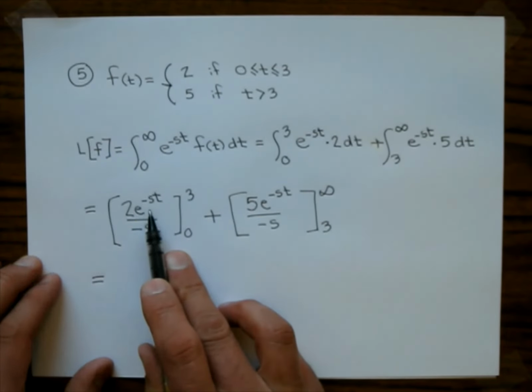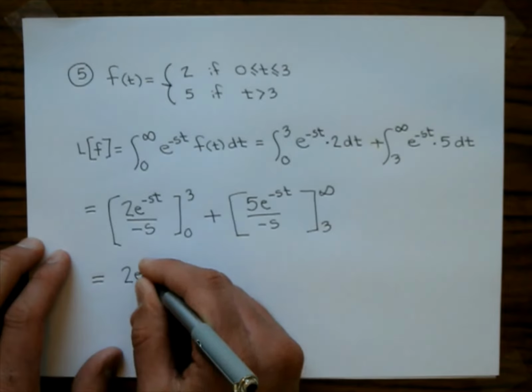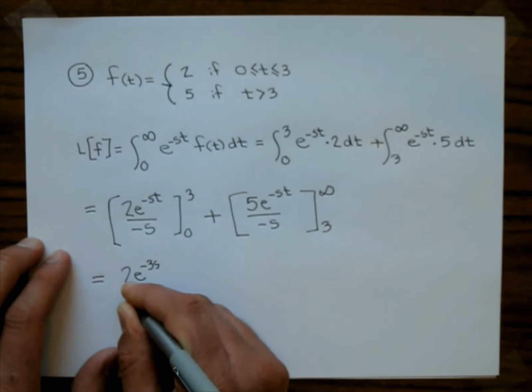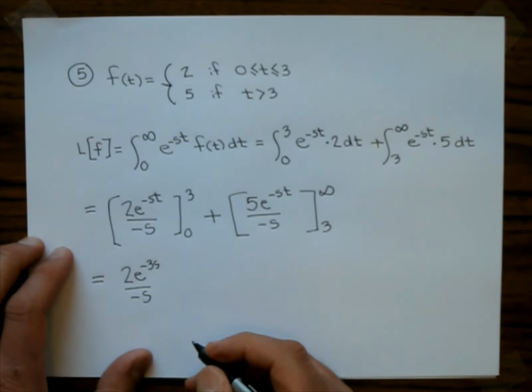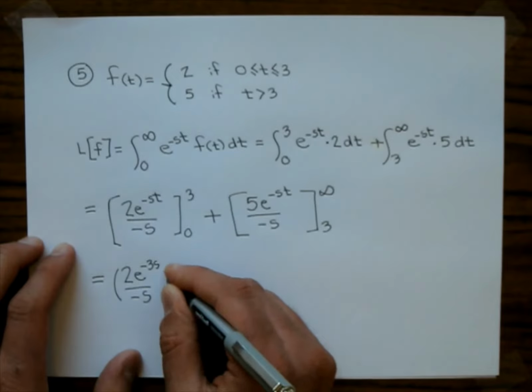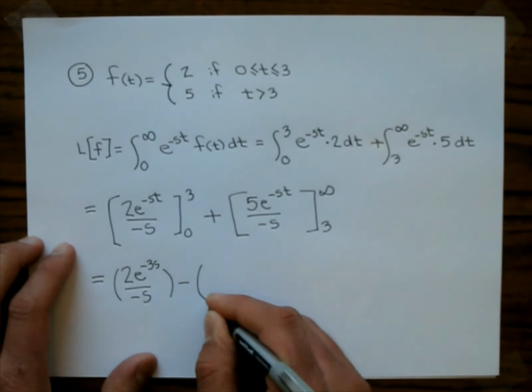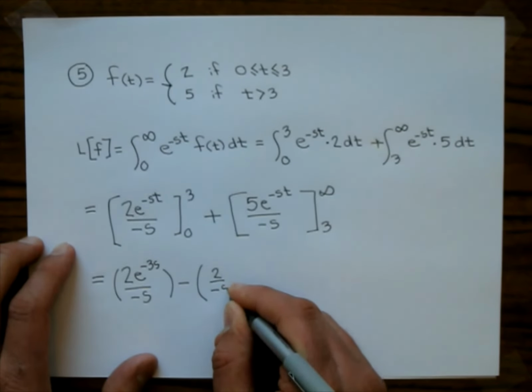I'm going to put 3 in for t, and I'm going to get 2e to the negative 3s all over negative s, and then minus, putting 0 in for t, it's going to be 2 over negative s.